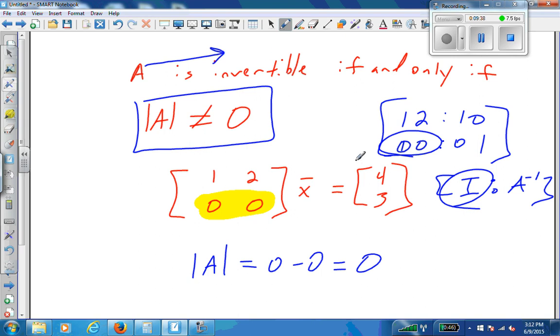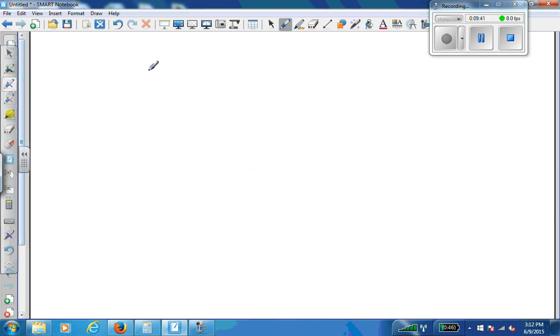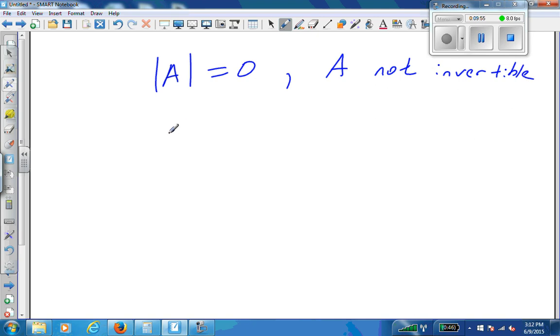On the other hand, if the determinant of A equals 0, then A is not invertible. Or if A is not invertible, then the determinant of A equals 0.